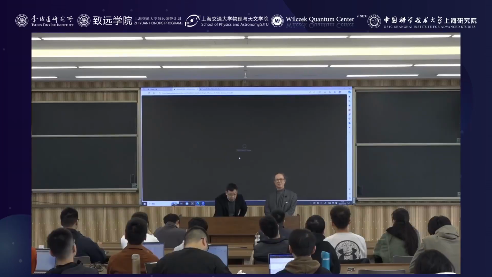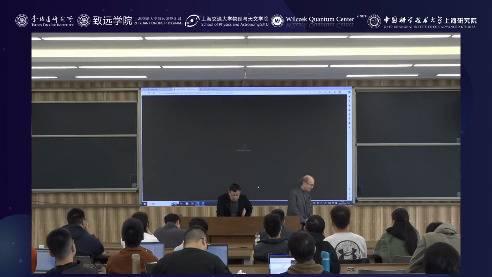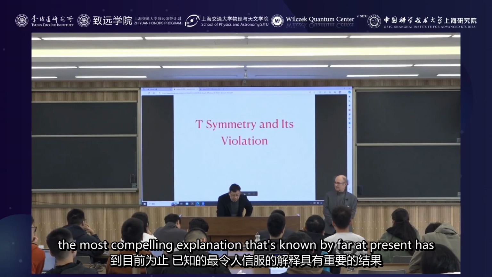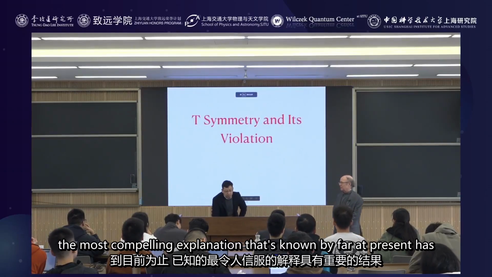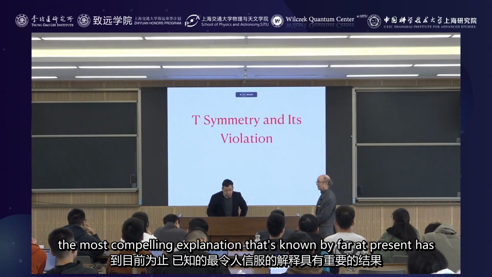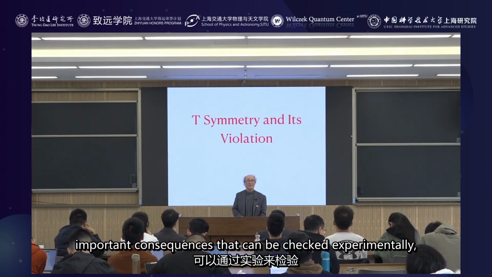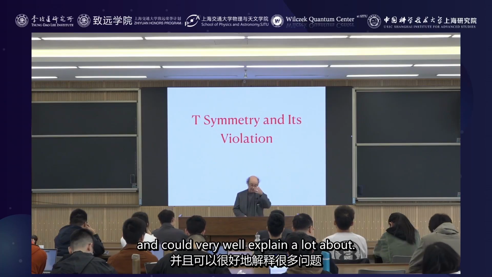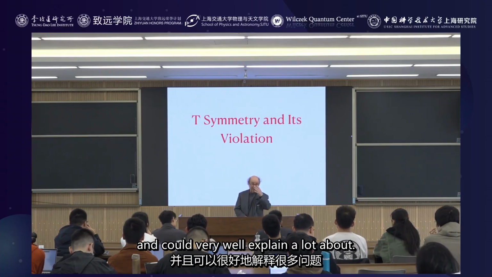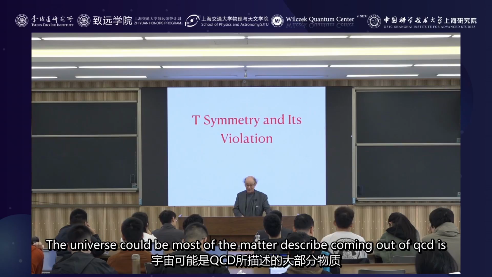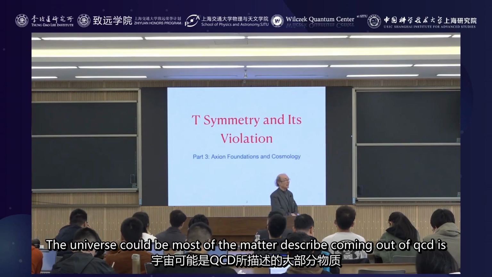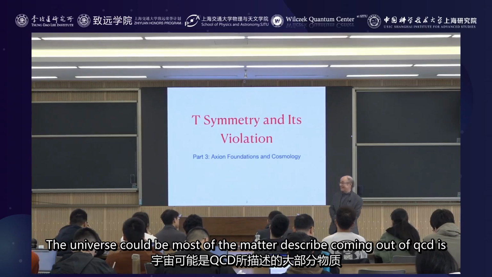And as you'll see, the most compelling explanation that's known by far at present has important consequences that can be checked experimentally and could very well explain a lot about the universe. Could be most of the matter described coming out of QCD is the dark matter.